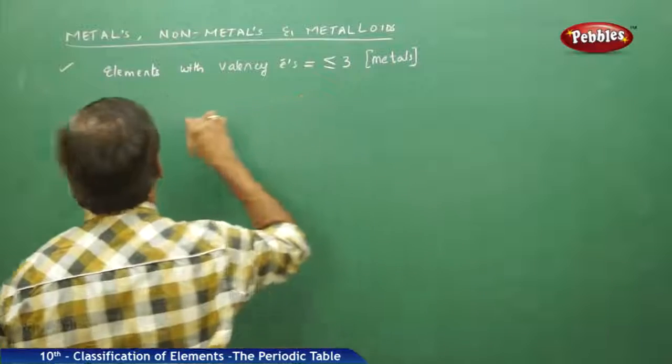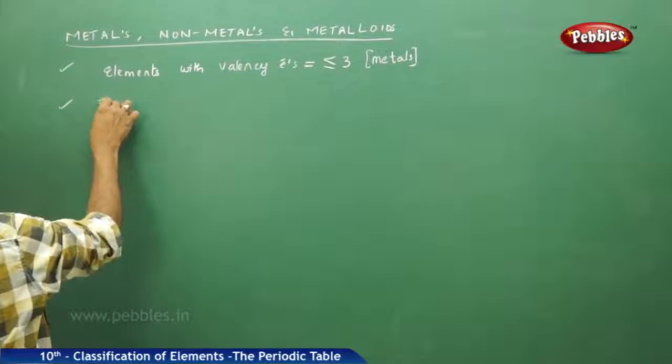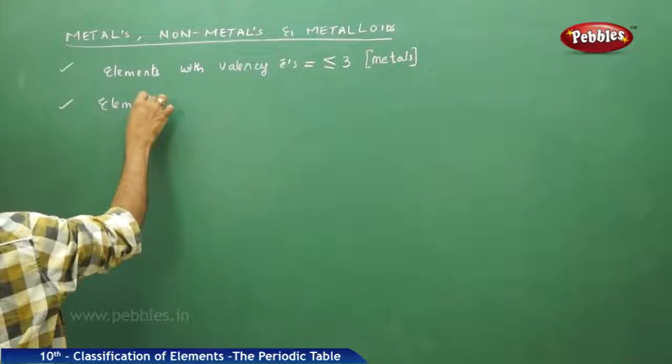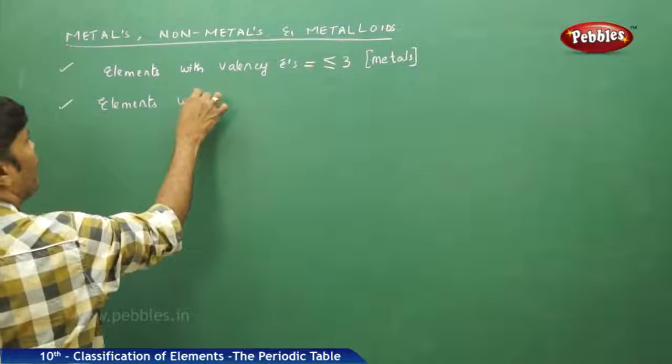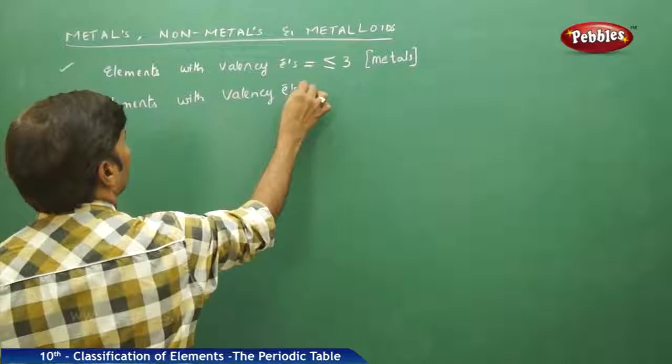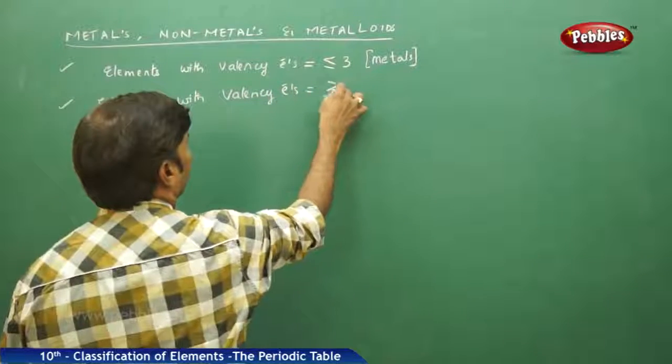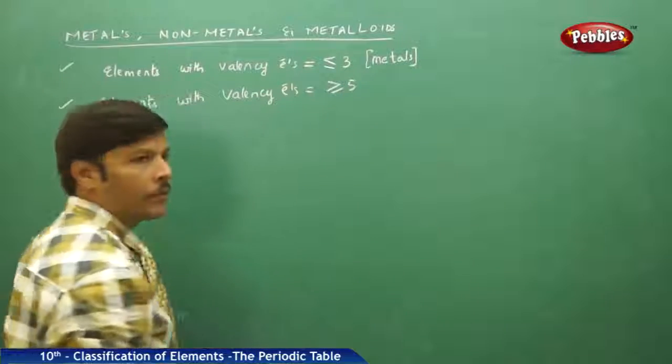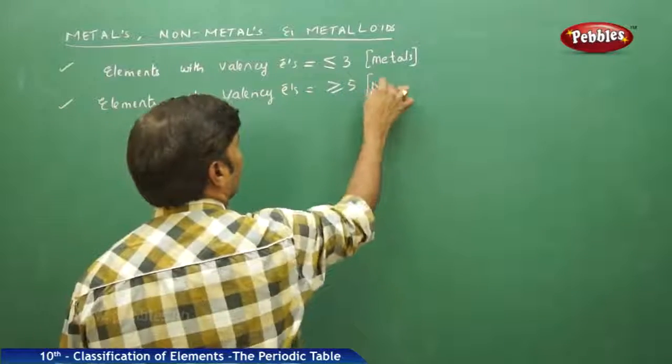Then elements with valence electrons greater than or equal to 5 electrons are said to be non-metals.